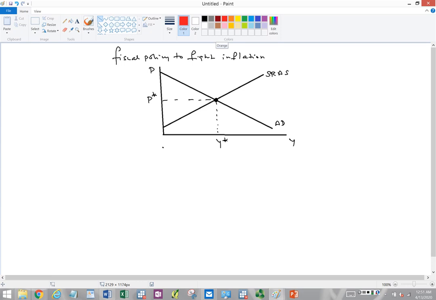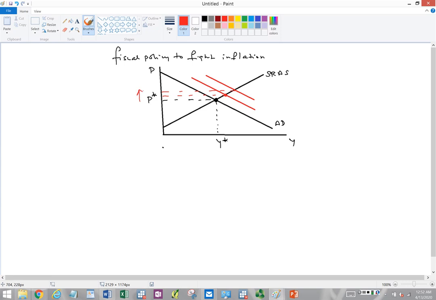So if the aggregate demand curve were rapidly shifting to the right, let's say that consumption spending greatly increases, or businesses start to buy a lot more new machinery, this kind of rightward shift in the AD curve is going to cause the equilibrium price level to go up.